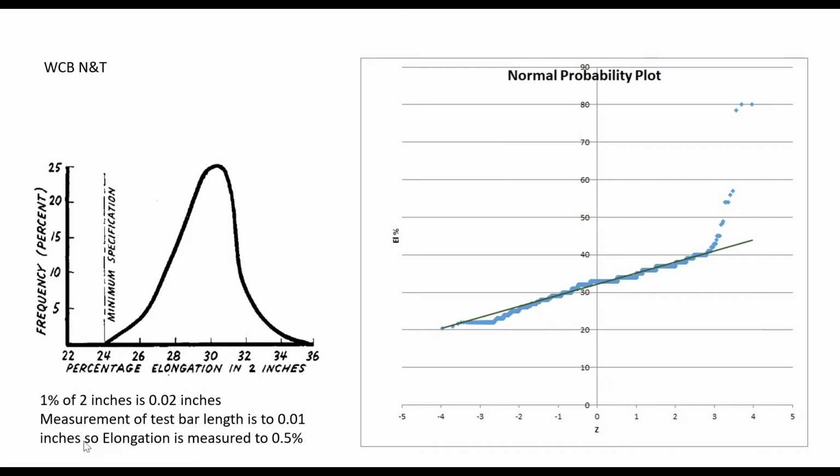And so in the ASTM E8 standard, I only measure elongation to 0.5%, because I only measure the 2-inch test bar length to 0.01 inch, but 1% elongation is 0.02 inches. And so I'm really only measuring to a 0.5% elongation.